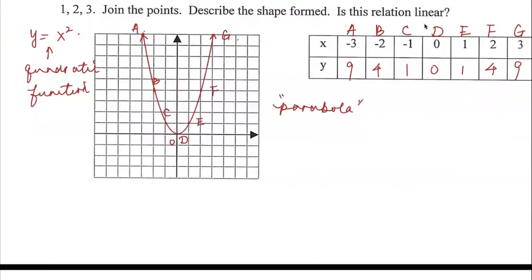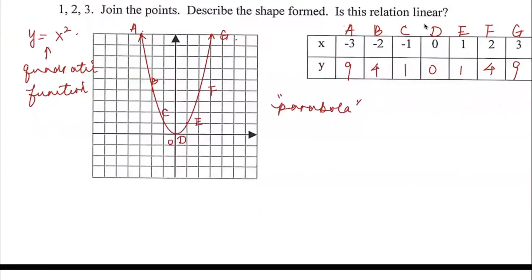Okay, so when we talk about linear relations, we say the visual presentation of a linear relation is a straight line. When we talk about quadratic functions, we say that the visual presentation of a quadratic function is a parabola. So they're one-to-one mapping. So this is called a parabola.